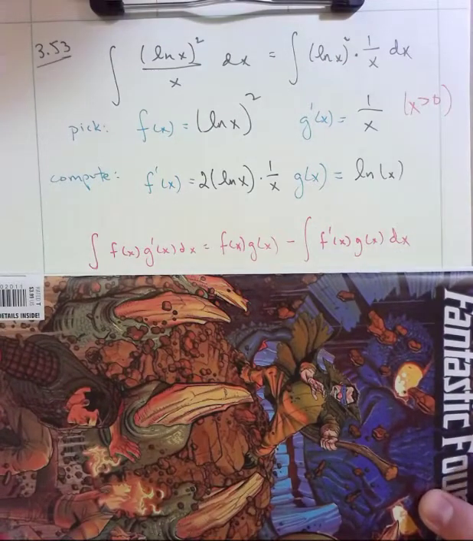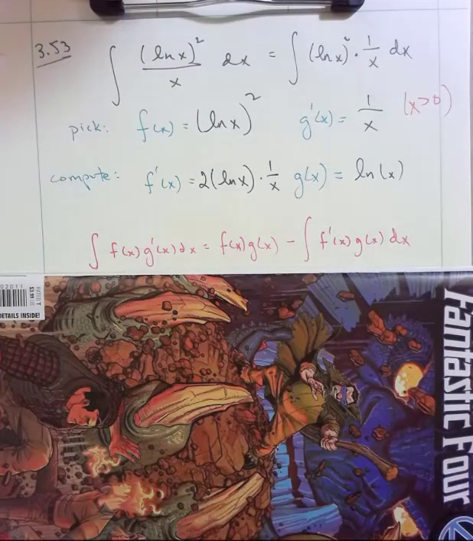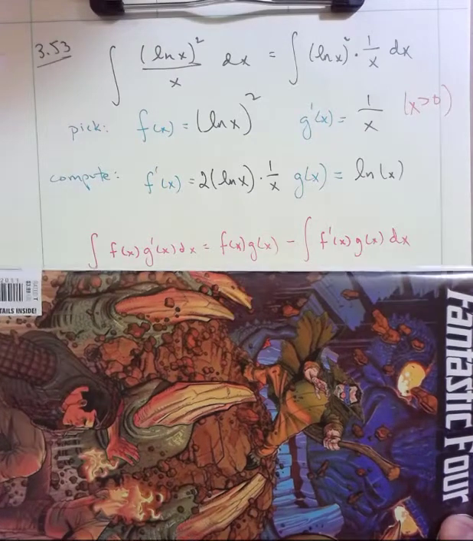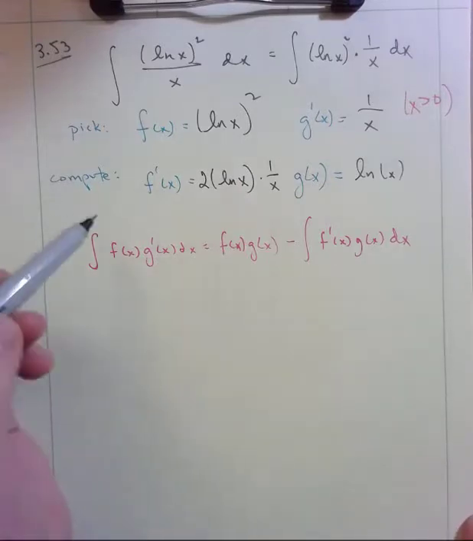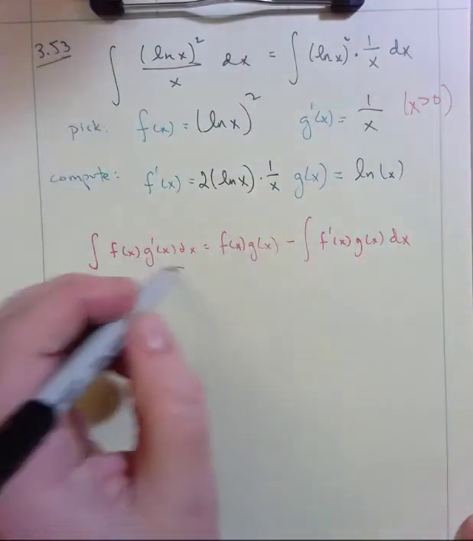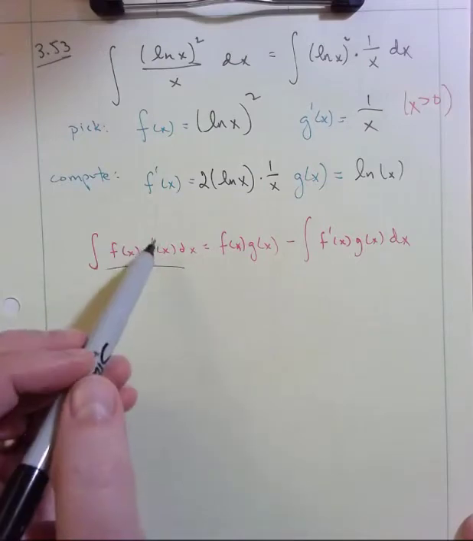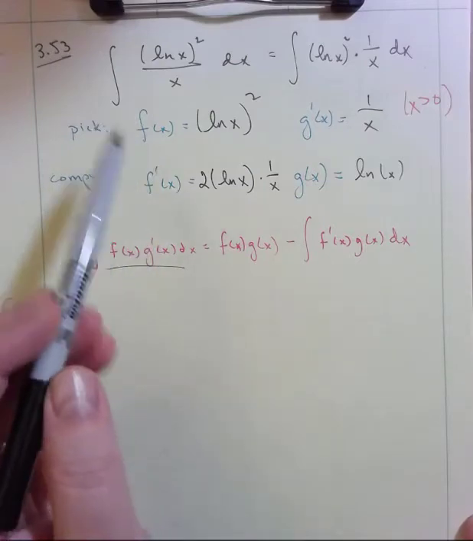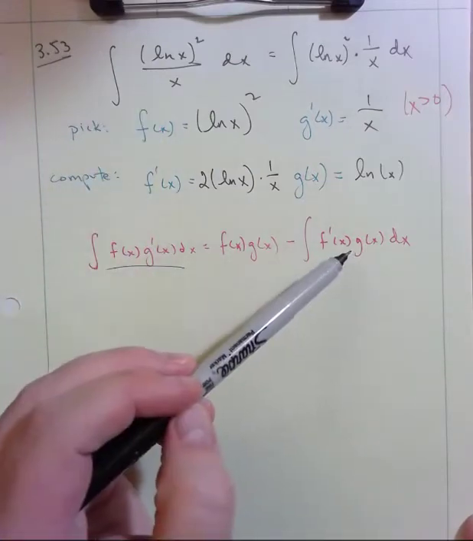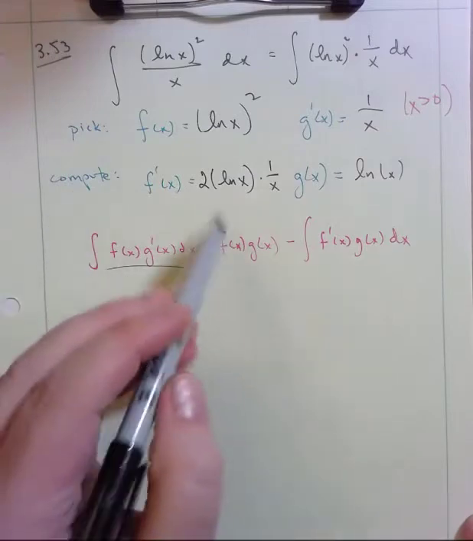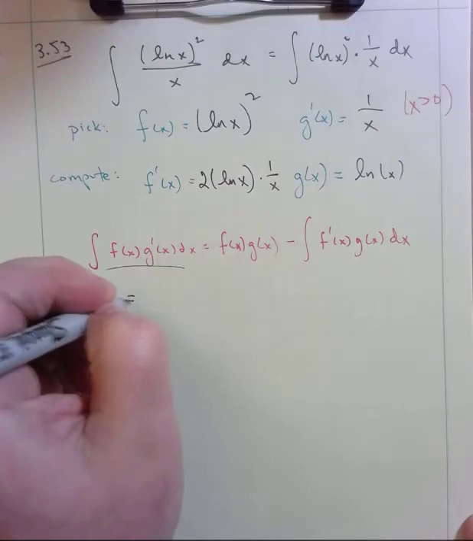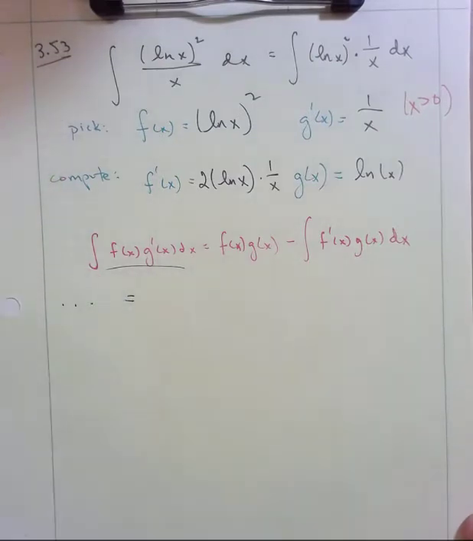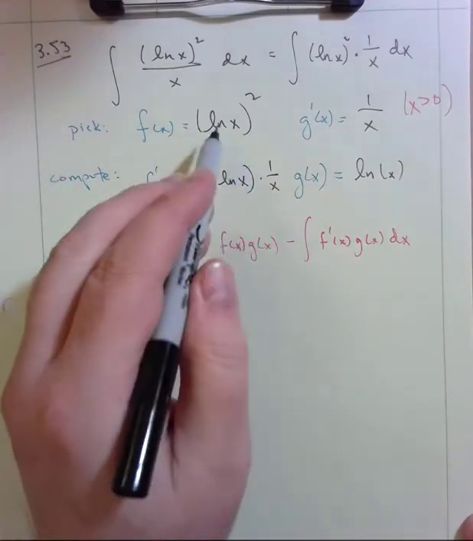Here is the integration by parts formula that we're now going to load up with all of this good information that we just developed, and now Mole Man can go away. So here's the original, which is this. We're going to reassemble it and trade the original integral for something that's hopefully a little bit better. So we're going to do f times g. So this term here is f times g. So the original is f times g.